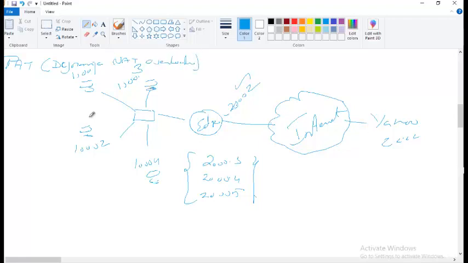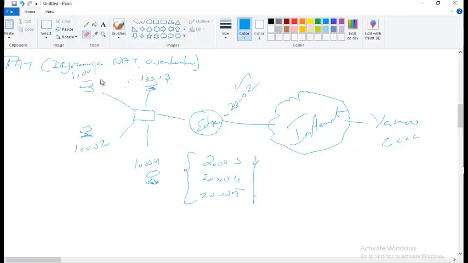Dynamic NAT overloading, which is also called port address translation, PAT. It uses the port numbers to resolve this waiting time. How?